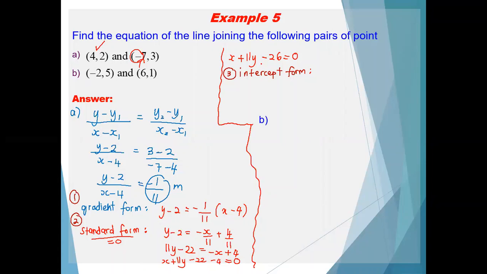Okay, dia you boleh rearrange daripada sini. It is actually x plus 11y, okay, minus 26 equal to 0. So you rearrange daripada sini jadi x plus 11y is equal to 26. So actually dia mesti equal to 1, right? So macam mana? Everything divided by 26 lah.